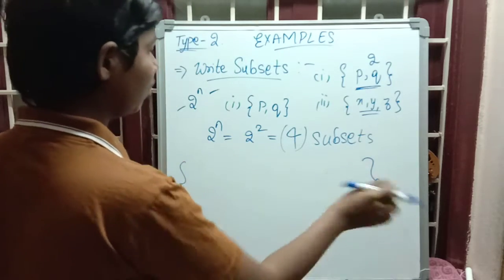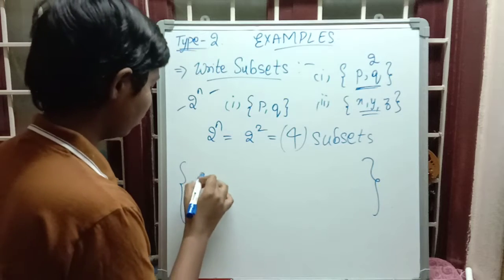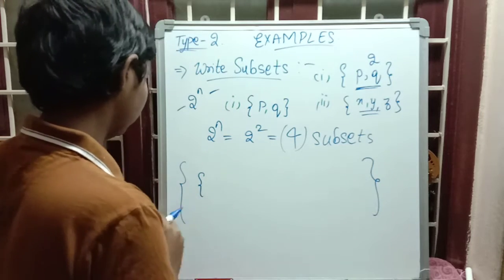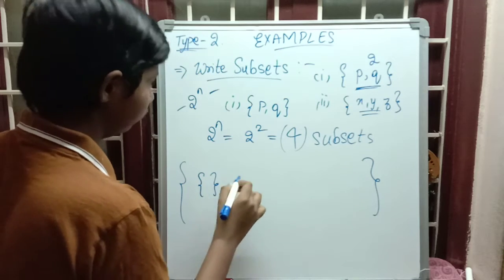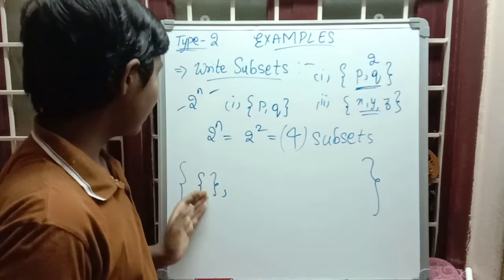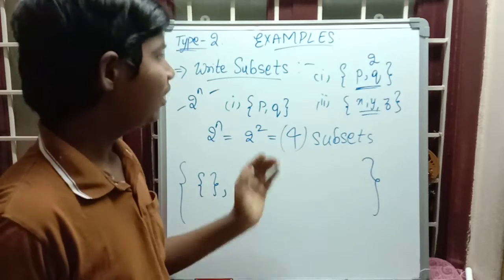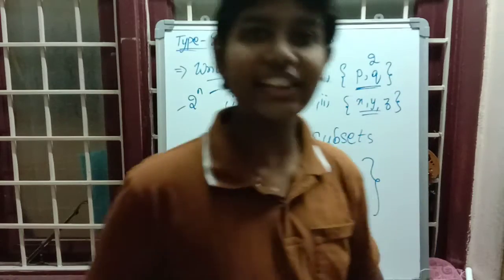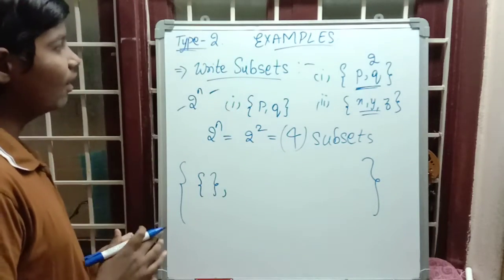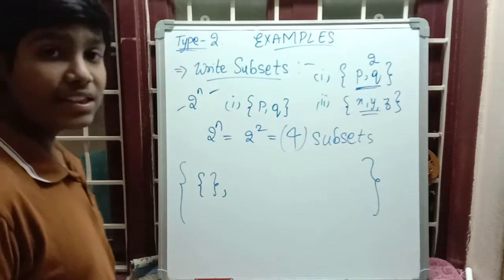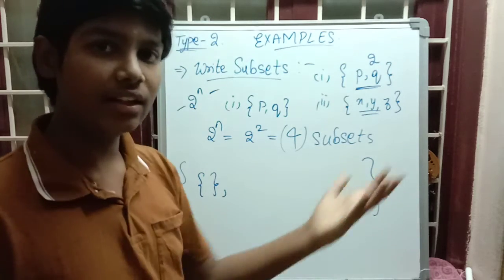For writing them, every null set is a subset of every set, and every set is a subset of itself. These are the two statements we have to consider while finding the subsets. First, null set is a subset of every set.